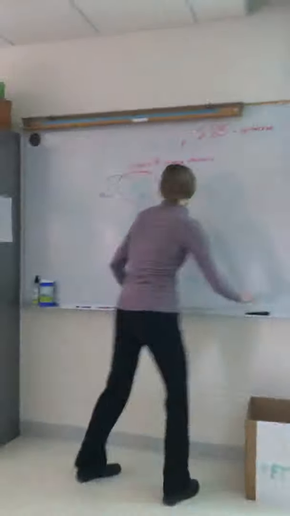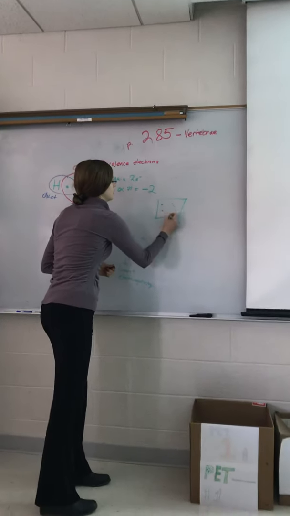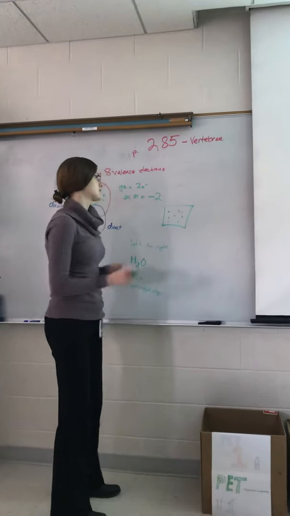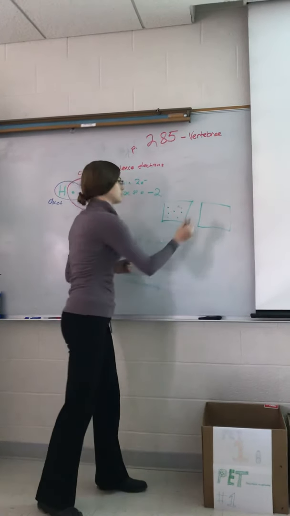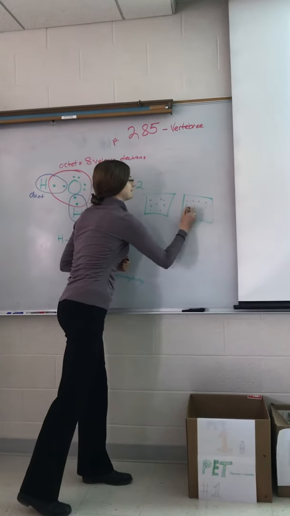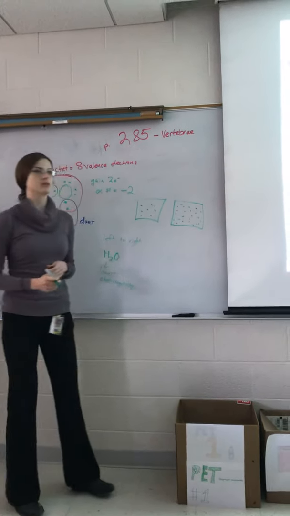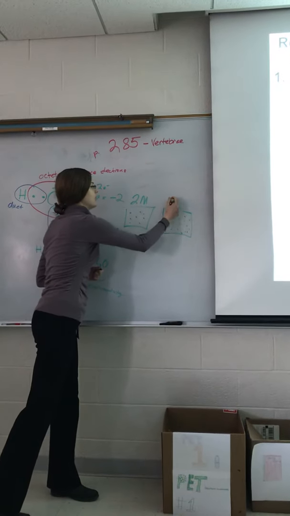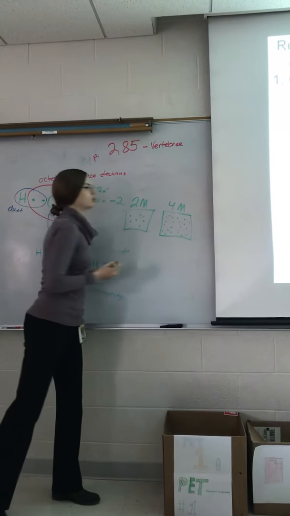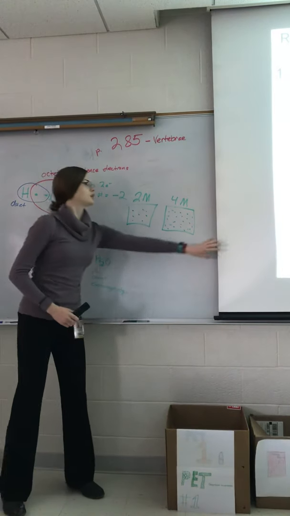So that would be like drawing a particle diagram that has that many particles per space versus that many particles per space, right? So this would kind of represent our 2 molar, and this would kind of represent our 4 molar. Does that make sense? Can you guys see that over there?